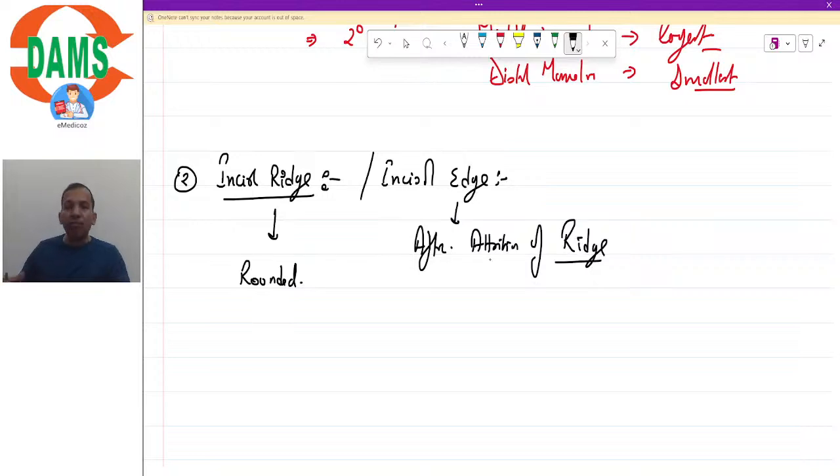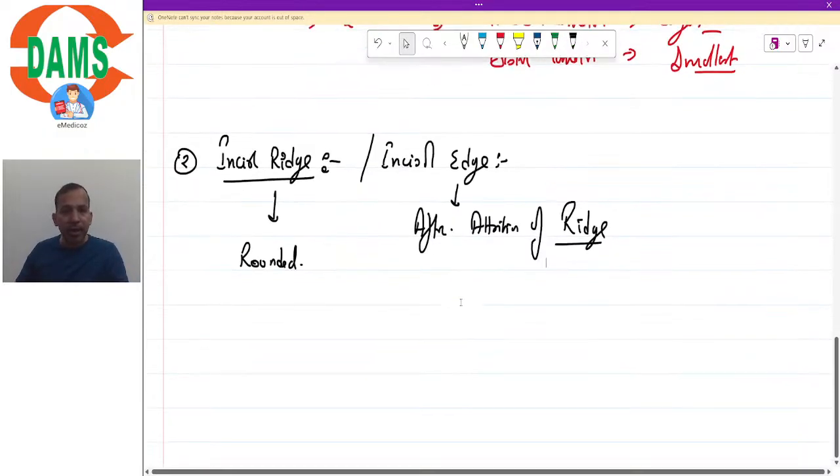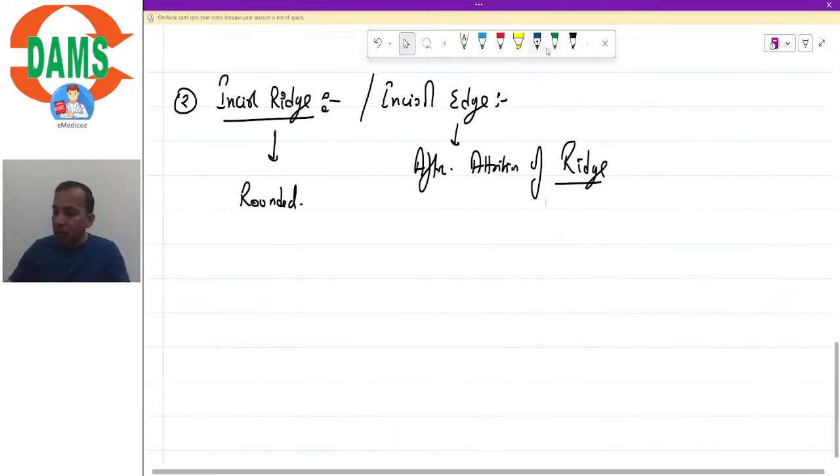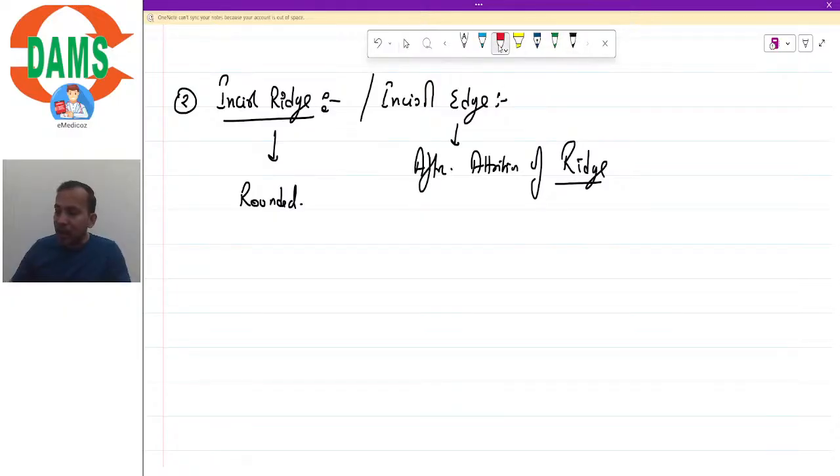So obviously an incisal edge would lack mamelons, and these mamelons would be present only on an incisal ridge, right? Now, when the incisal ridge is concerned, what differences can there be between the different anteriors?